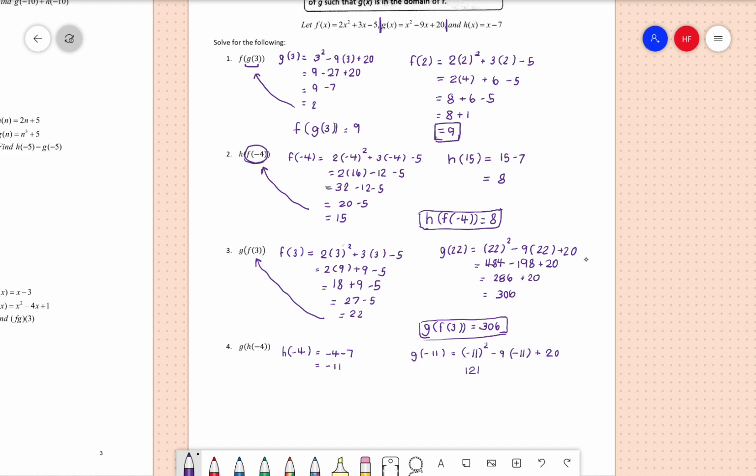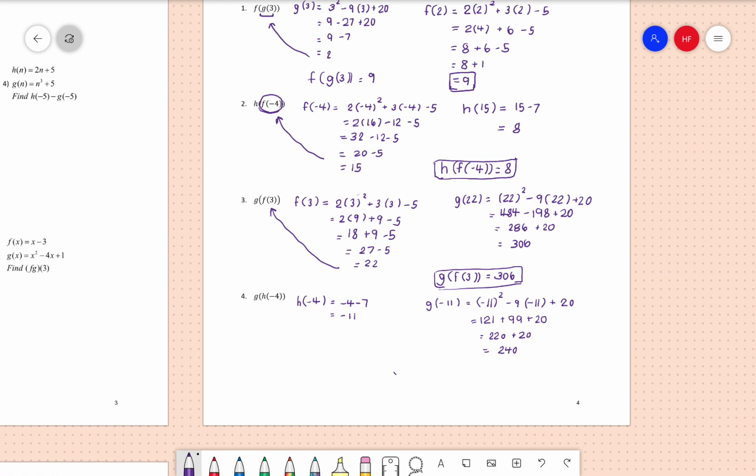Negative 9 times negative 11 is a positive 99. So we've got 121 plus 99, 220 plus 20, which is 240. So then my final answer is that g of h of negative 4 is equal to 240.